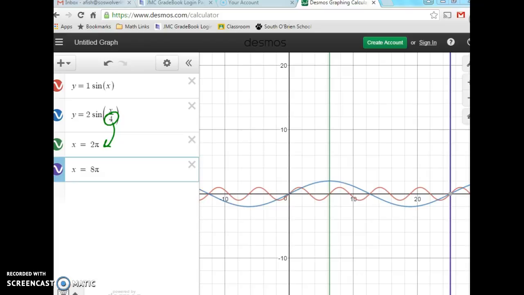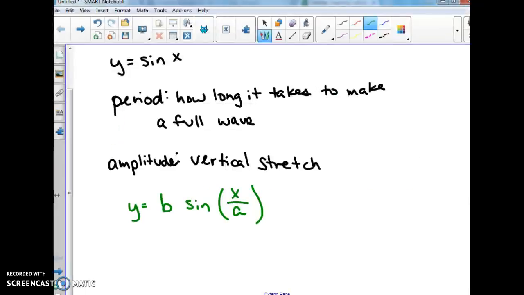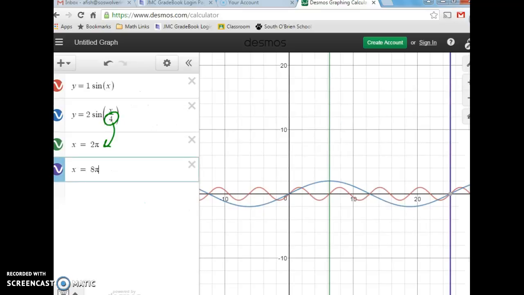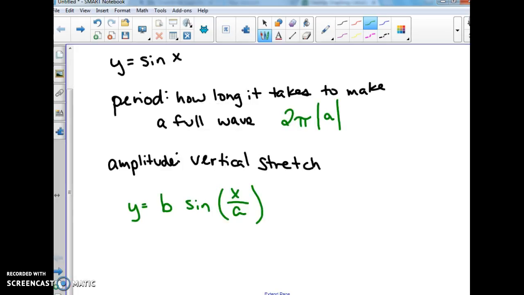That's because 2 pi is just your original when you don't change anything with that 1 sine of x. So the period is determined by the 2 pi times our a value, the absolute value just because we're going in the positive direction. Now the amplitude, that was our vertical stretch. That was the number out in front. So my vertical stretch is the absolute value of b. And you can see where I got the a and the b from the green formula down below.